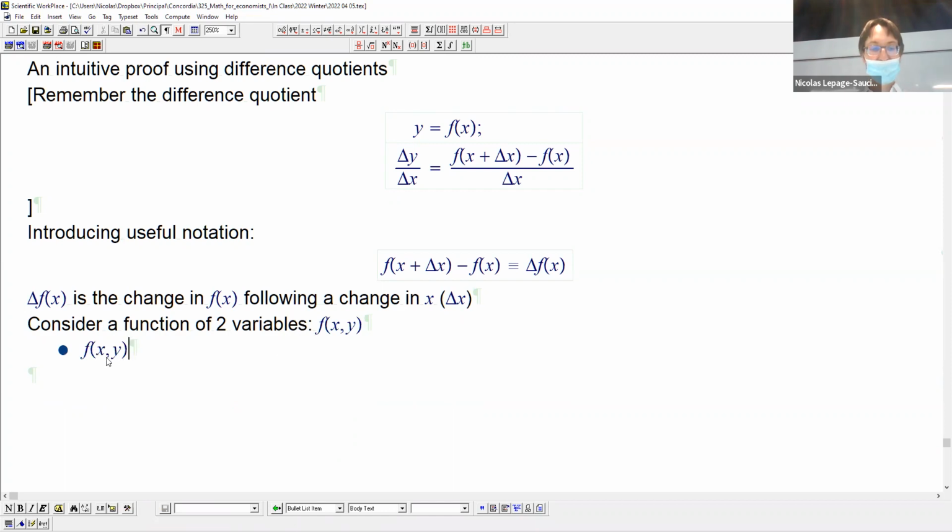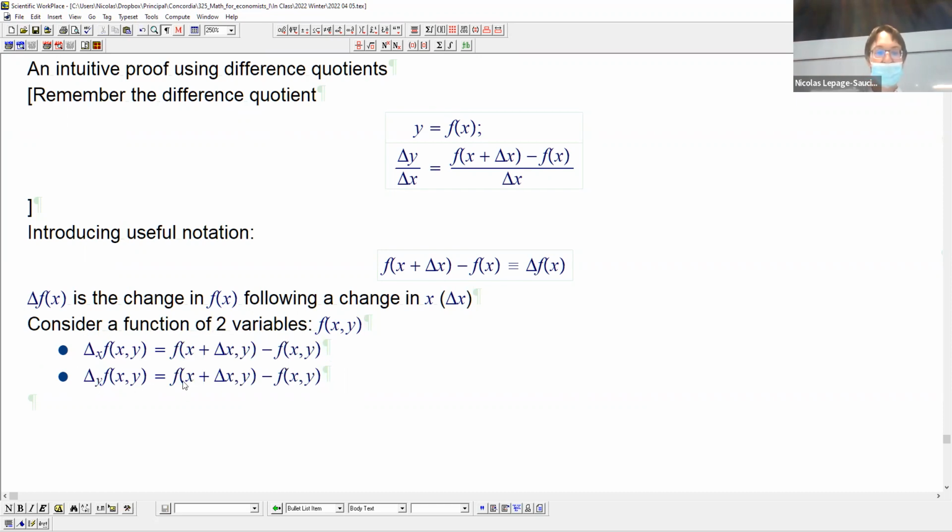So I'm going to call this delta, and then delta x. This is going to mean I'm changing x, and then I'm going to have delta y, which is changing y. So this would be f of x plus delta x minus f of x. And then I could be again changing y, delta y.